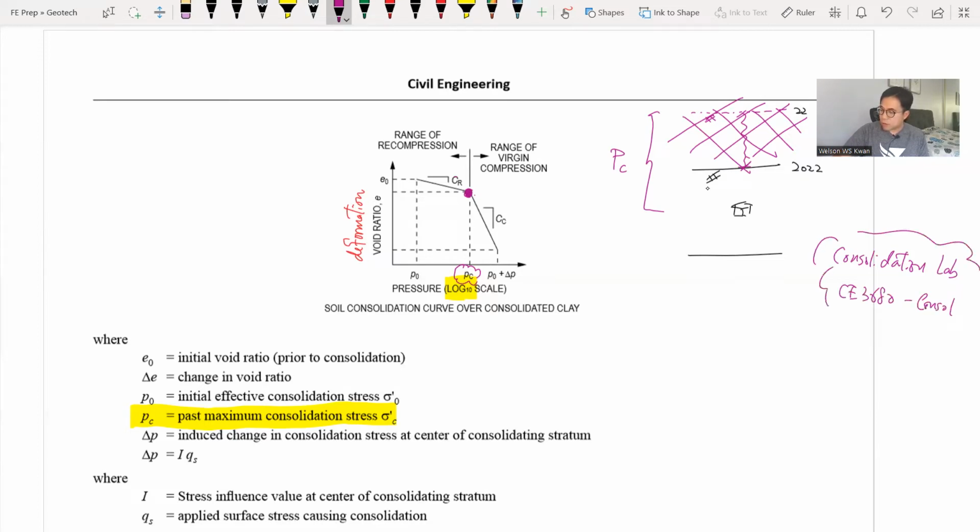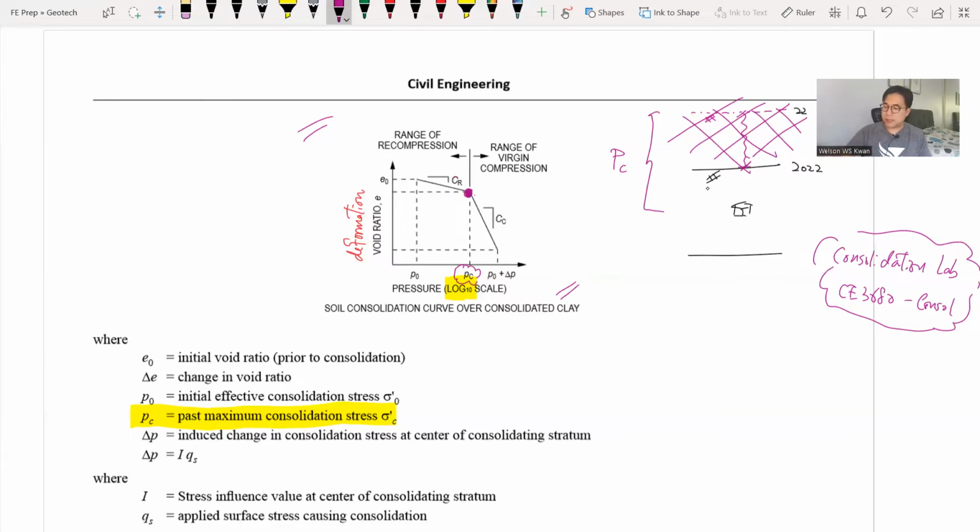We will work on the lab procedure per ASTM standards to walk you through how to generate this e-log p curve right there.